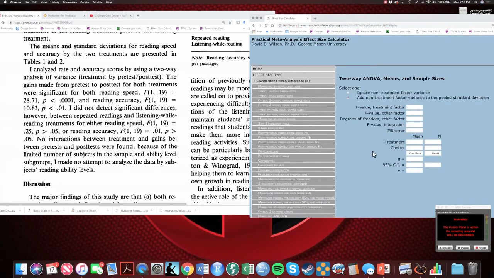From a two-way ANOVA, they're not going to give us this information either. So what we could do is use an F test for groups with equal sample sizes.